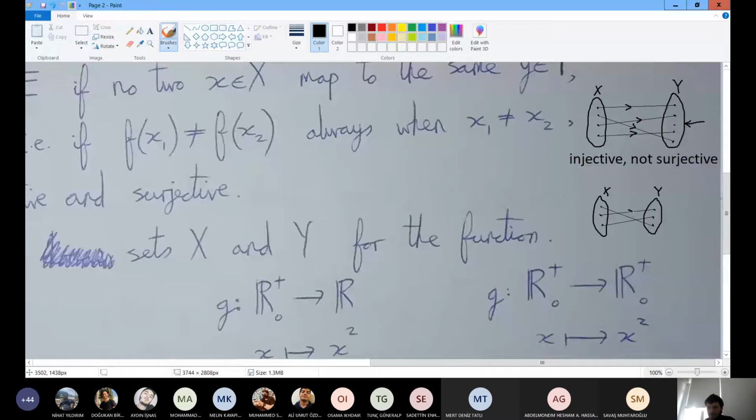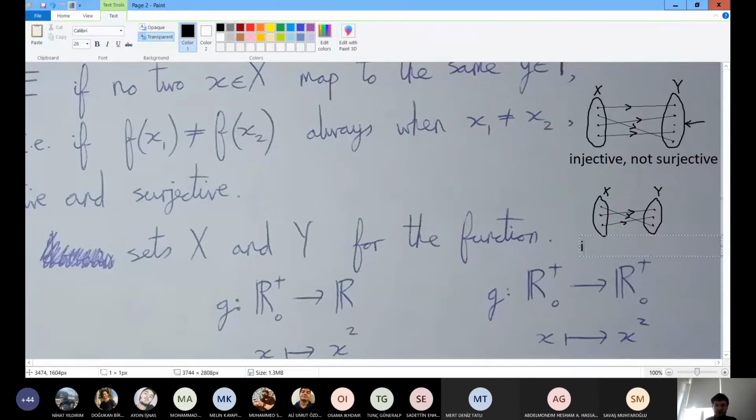So here is again some function, some arrows going from left to right, and overall you get a function which is injective, surjective, and therefore bijective.